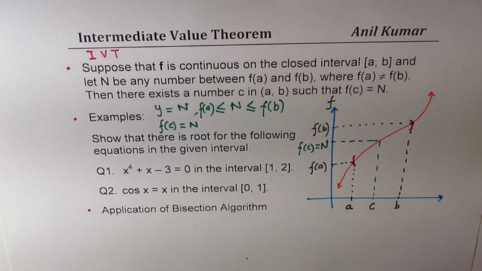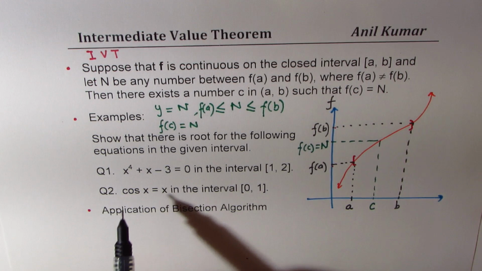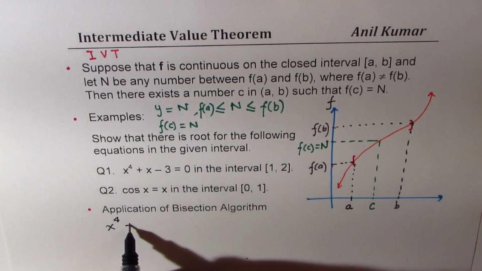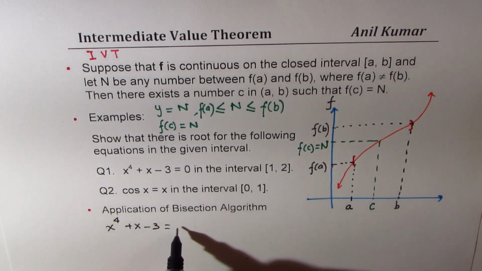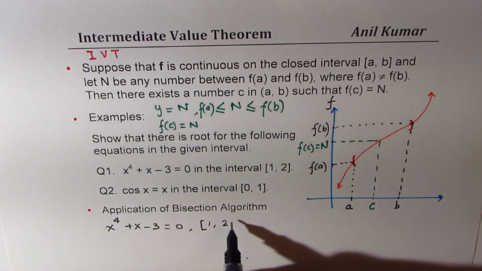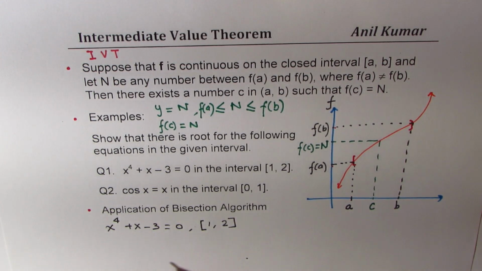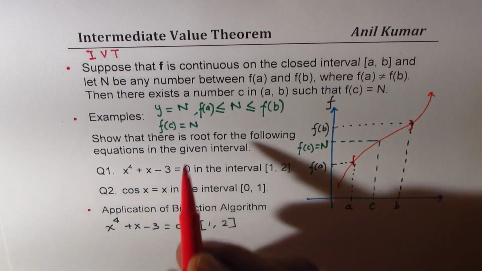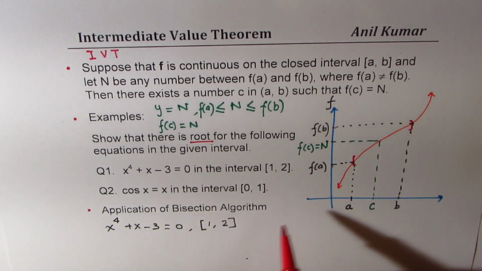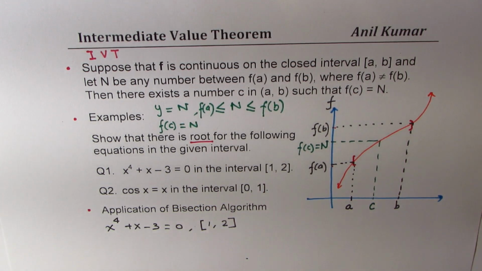Now let's first understand this theorem and apply it to the equation x to the power of 4 plus x minus 3 equals 0, and we're talking about the interval between 1 and 2, right? So when we say roots of the equation, that means we want to figure out where it intersects the x-axis, correct?